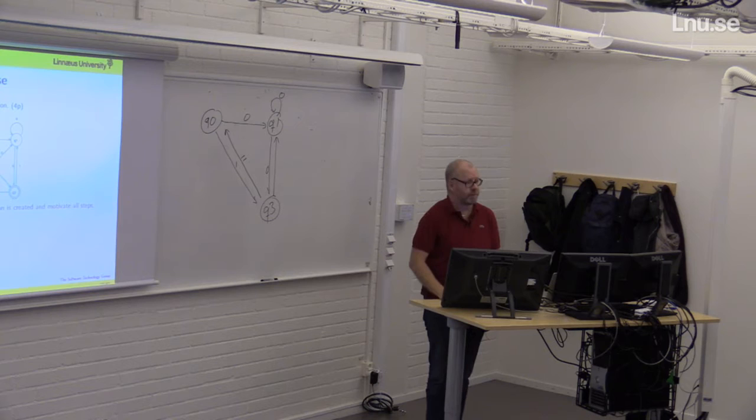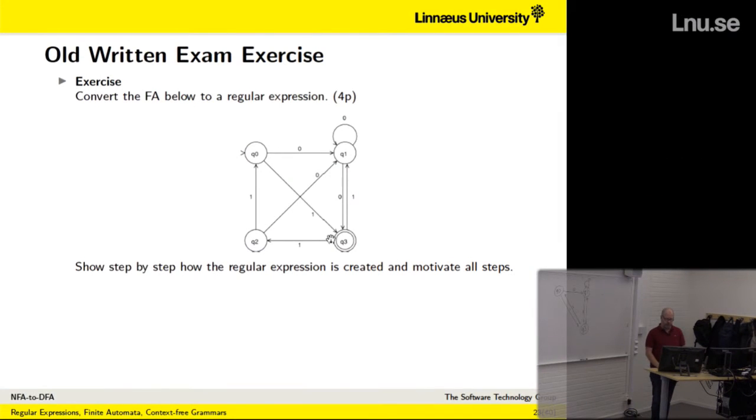This path is added. If I remove this one, I also remove the possibility to go like this. So now you can go from this one to this one by seeing a 1, but you can also do it seeing 1 and 0. We have removed one of them.